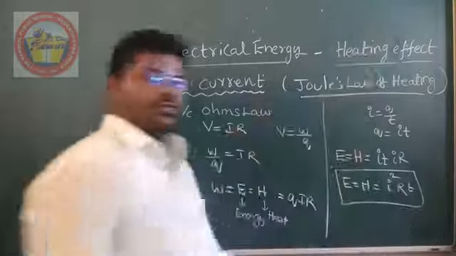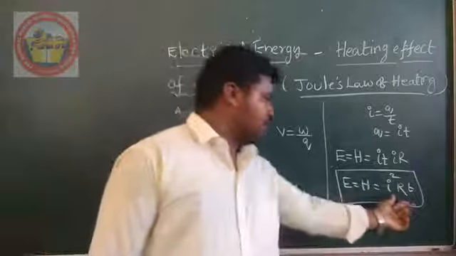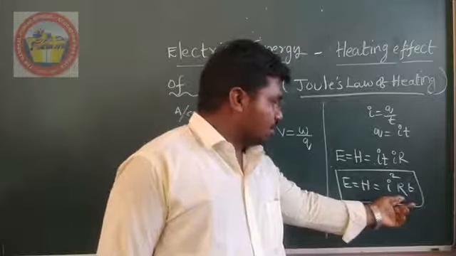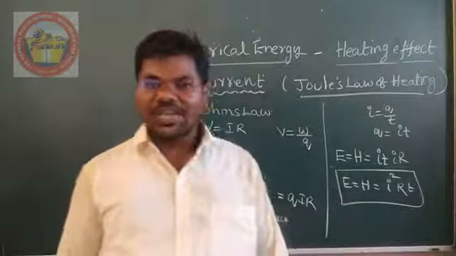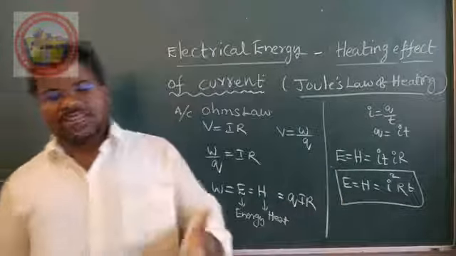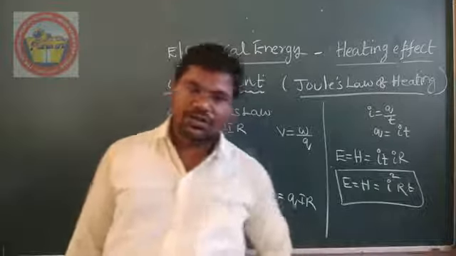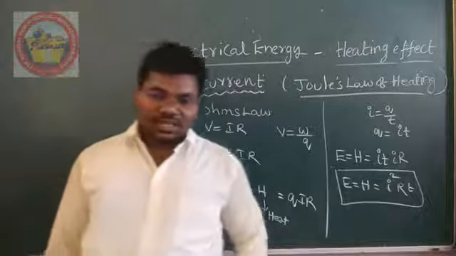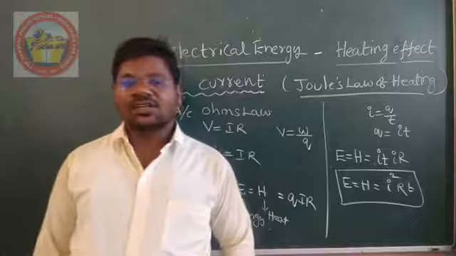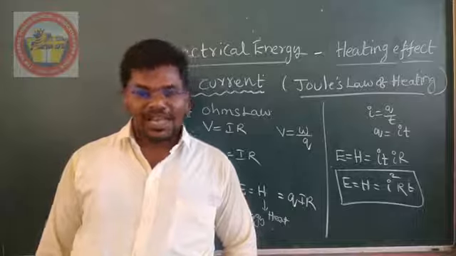Okay, so we get the expression for energy: E is equal to I square RT, where I is current, R is resistance, and T is the given time. According to the definition of electrical energy, the total work done by the source of EMF in maintaining electrical current in the given circuit in a specified time is called electrical energy.